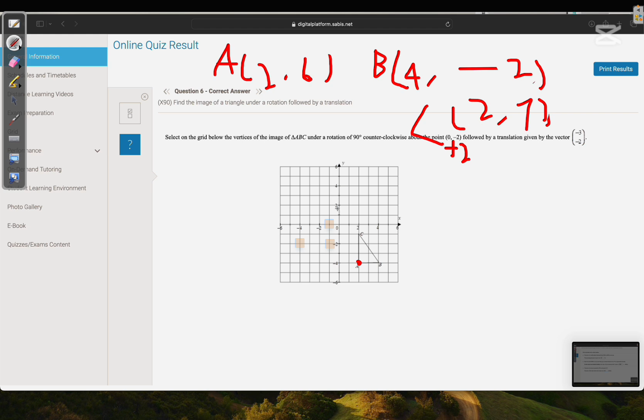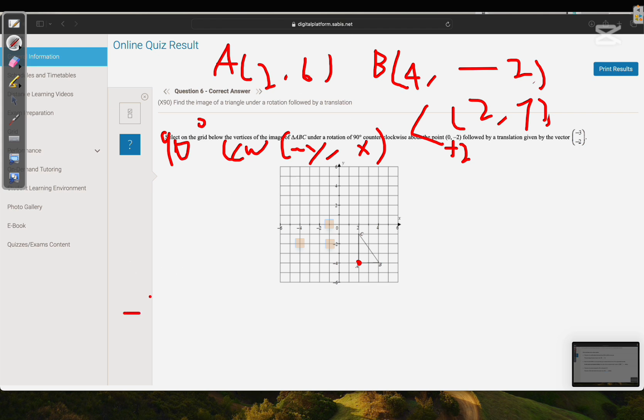So 90 degrees counterclockwise. That is -y, x. So we do the same with all of the points.